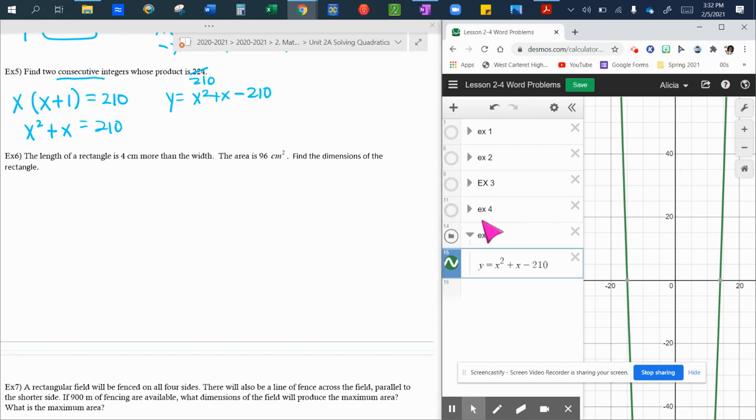And if we look at these numbers, we see we get 15 and 14. But here's the thing, it has negative 15 and positive 14, but I want consecutive integers. So I need to realize that these are going to be x equals 15 and 14, or x equals negative 15 and negative 14, because both of those have a product of 210. So we have a positive set of answers and a negative set of answers.